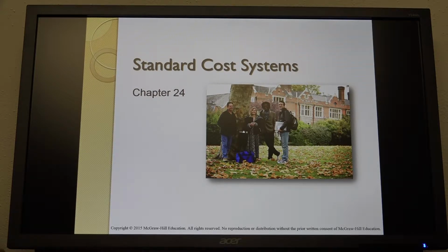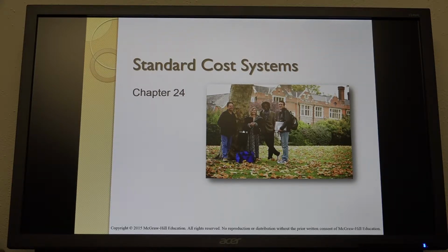In order to figure out how much it costs on average to manufacture a particular item, they have to determine standard costs for labor, materials, and overhead. And so how does this help?